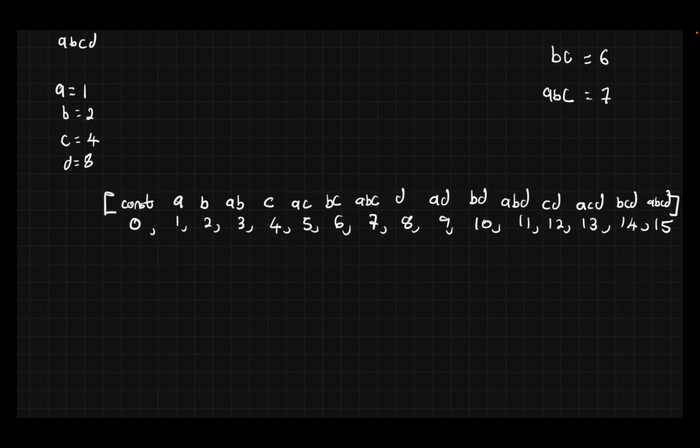So let me show you what this thing looks like. A is like 3 if you are doing 4 variables, right? A, if you look at 1, is actually this: 1, 2, 3. This is A in binary. Then B in binary is this. C in binary is this. And D in binary is this.